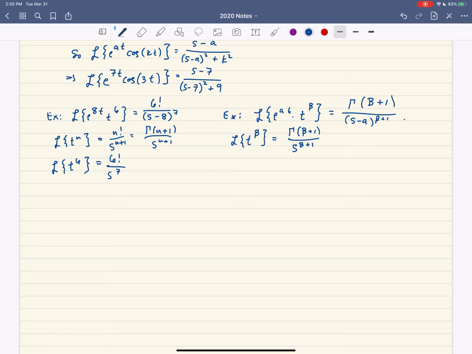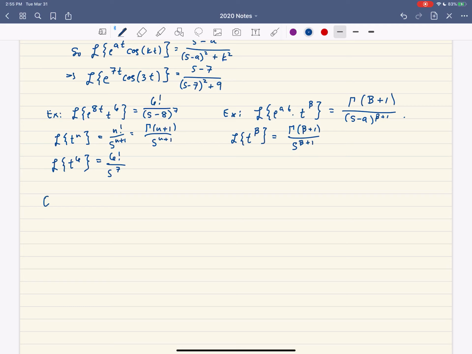And then just a few more. By the way, I should mention that if you think about the Laplace transform of e to the, say, 5t, we know what that is, right? We talked about the formula. This is 1 over s minus 5. But I can also think of this as the Laplace transform of e to the 5t times 1.